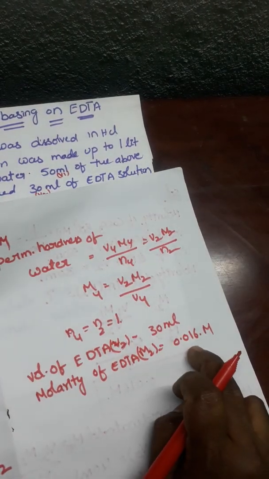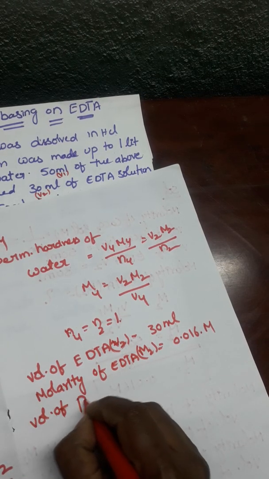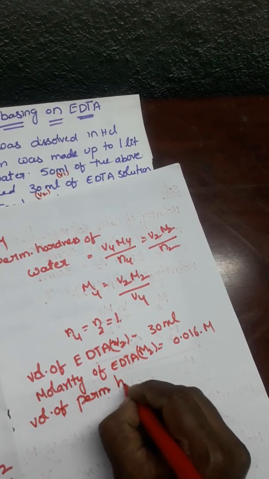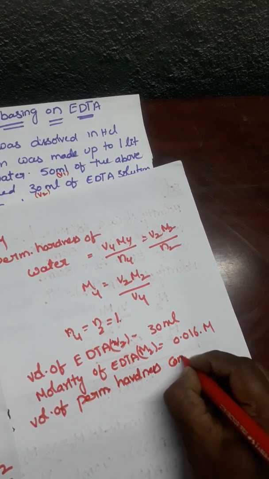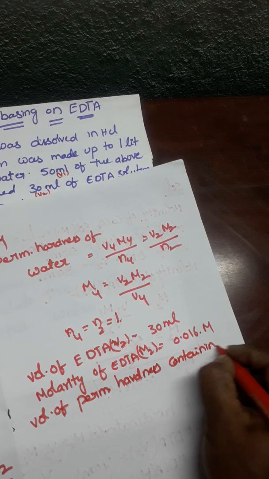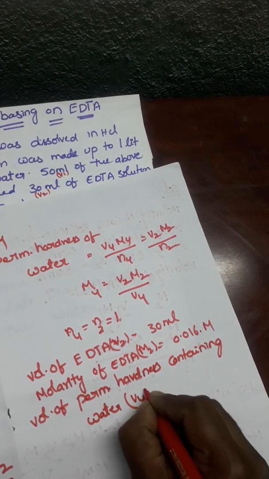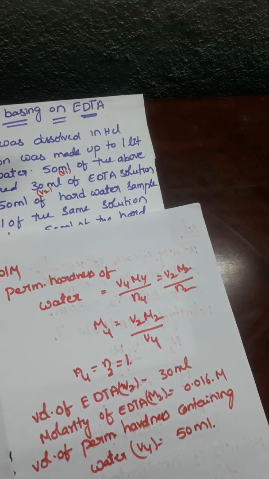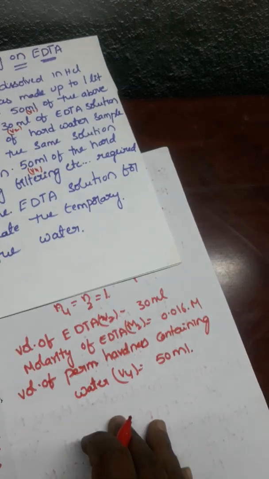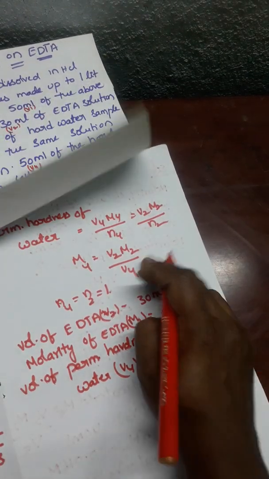This is M2 and volume of permanent hardness containing water, V4, is equal to 50 ml, already in the problem. Then all these are substituted in this equation.